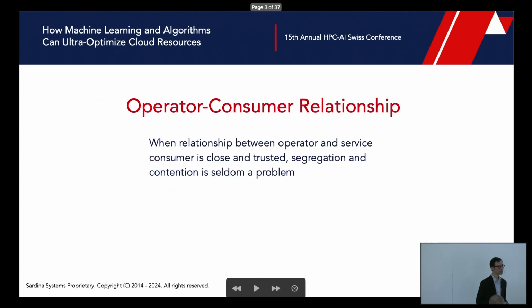Now, in cloud, it's very important to look at the operator-consumer relationship. When the relationship is very tightly coupled, there is greater trust between the parties. There are a lot more things that an operator can do than in a loosely coupled situation.